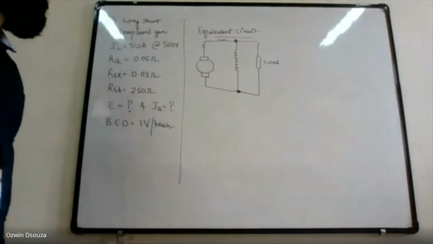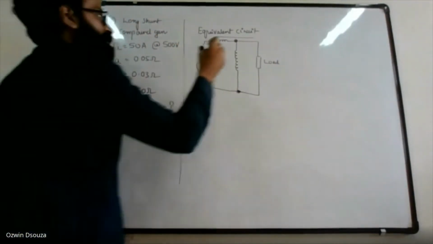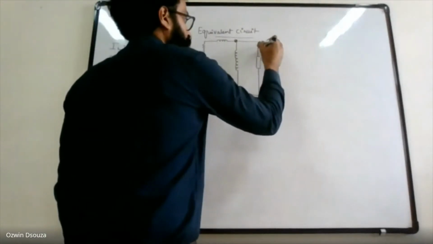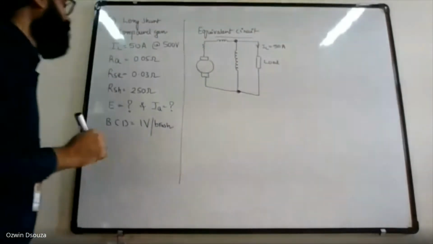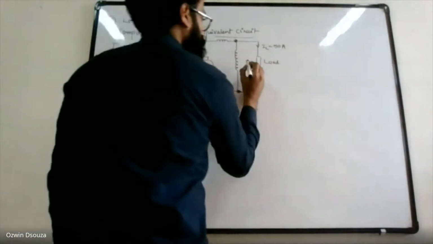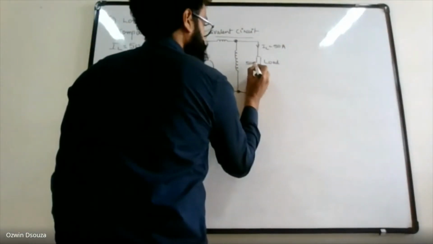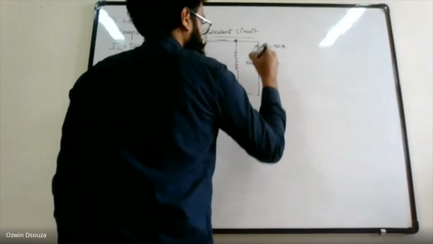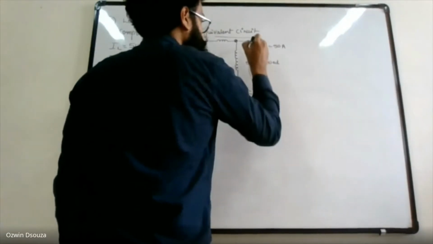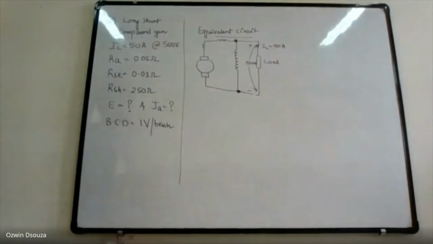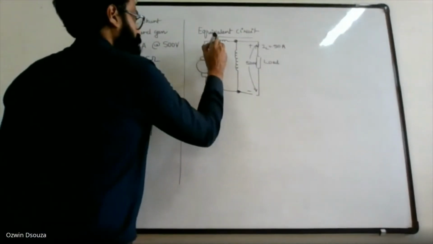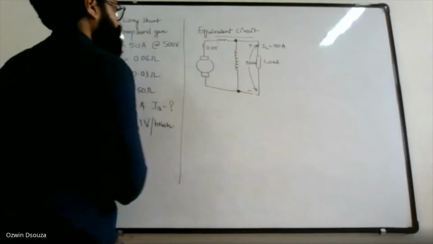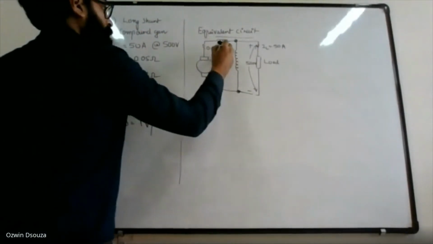Right. So they have told load current is 50 amperes at 500 volts, so load voltage is 500. The armature resistance is 0.05 ohm.